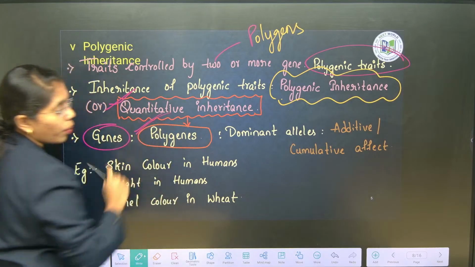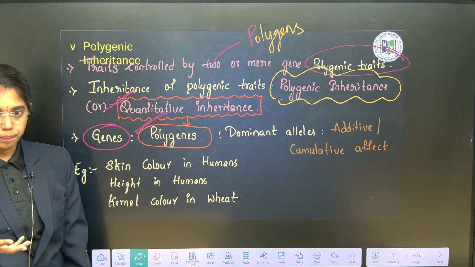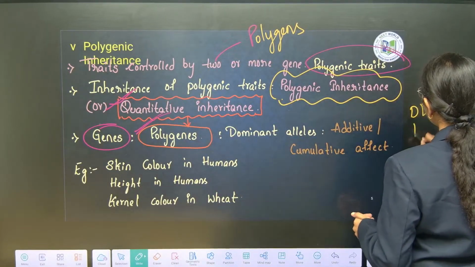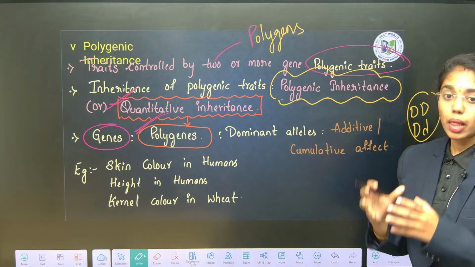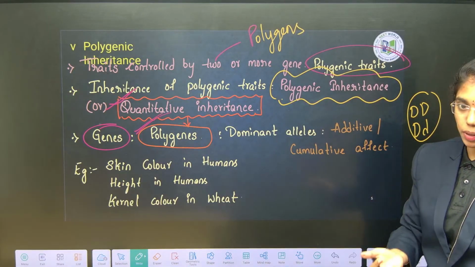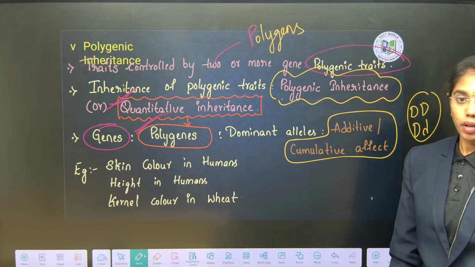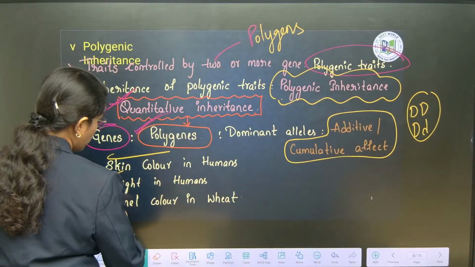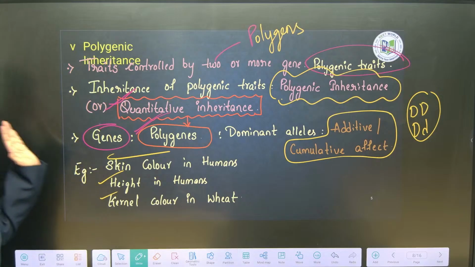Genes involved are polygenes. In these genes, whichever dominant alleles are there, in the homozygous condition or in the heterozygous condition, they will give a combined effect. That combined effect of gene expression is known as additive effect or cumulative effect. For example, skin color in humans, height in humans, kernel color in wheat, and pollen tube length also. This will be variable.